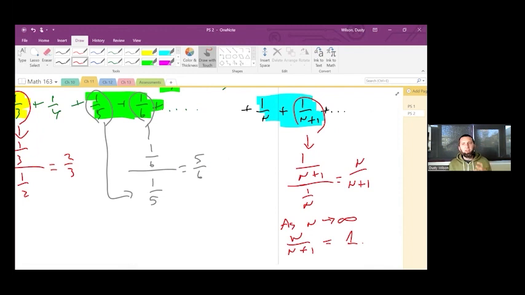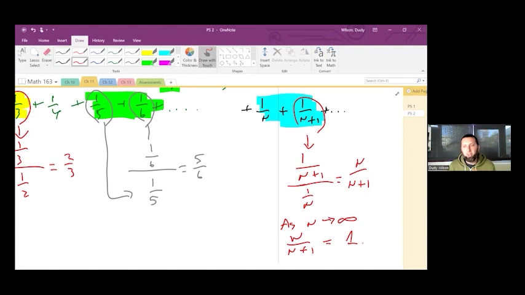So what that tells us is that our terms are not decreasing fast enough for us to know, using this approach, whether or not the series will converge or diverge. We happen to know that this particular one diverges.